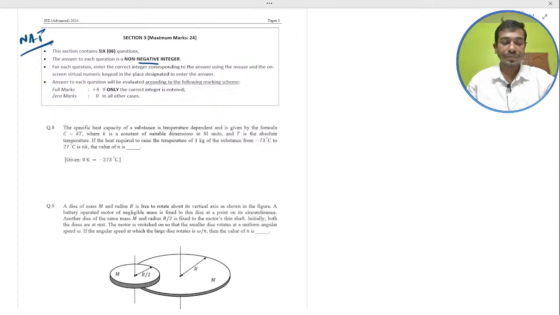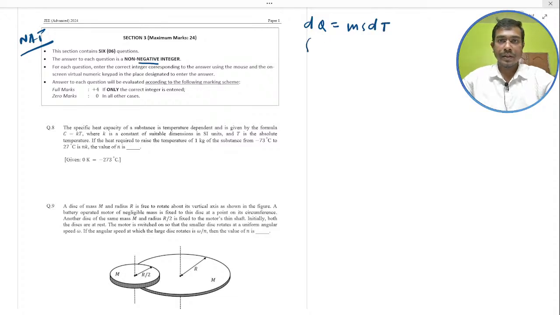Okay. So now put the value that dq equal to m s dT. Integral of dq, this is nothing but the integral with m equal to 1, s means kT, dT.